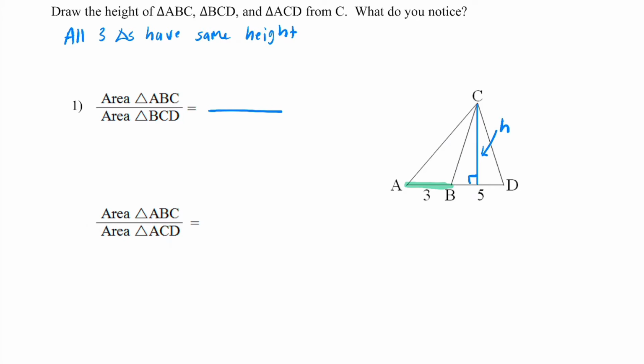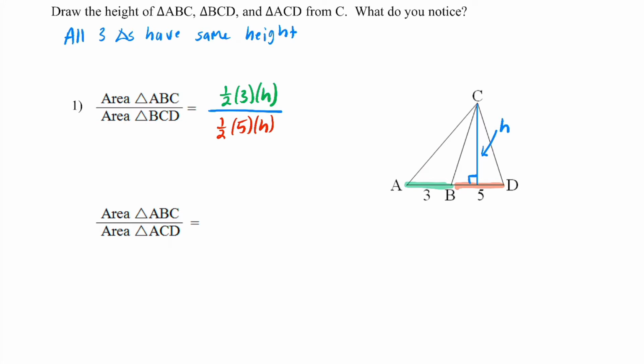So the area is 1/2 of 3 times our common height of h. Then for triangle BCD, the smaller triangle on the right, its base is 5, so its area would be 1/2 of 5 times the height of h. We're using something that we don't know, but we're going to see what happens.